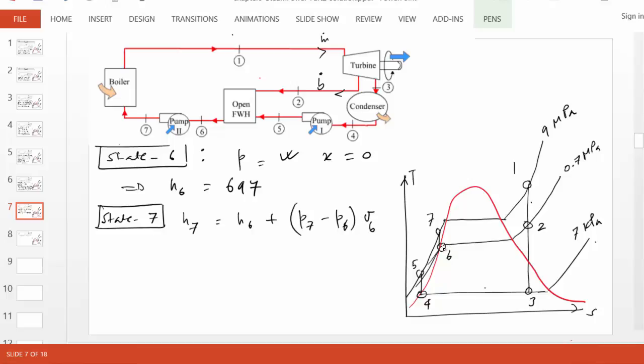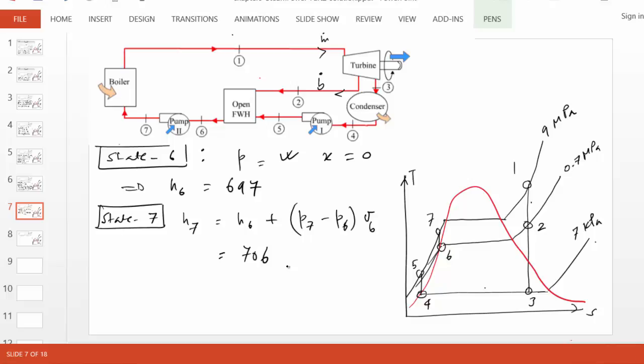Notice we can pick up V6 from the saturation table, and P7 and P6 are known, and so is H6. Therefore, H7 can be obtained as 706. So we have pretty much obtained enthalpies of every state.